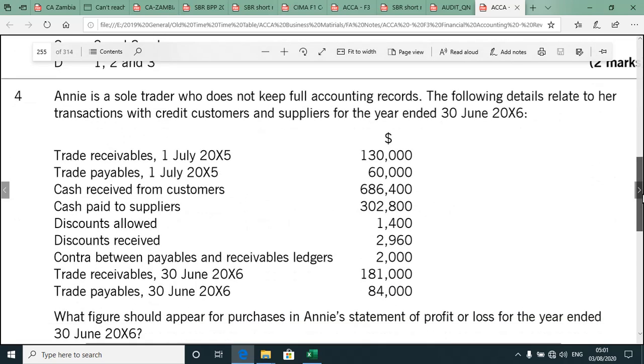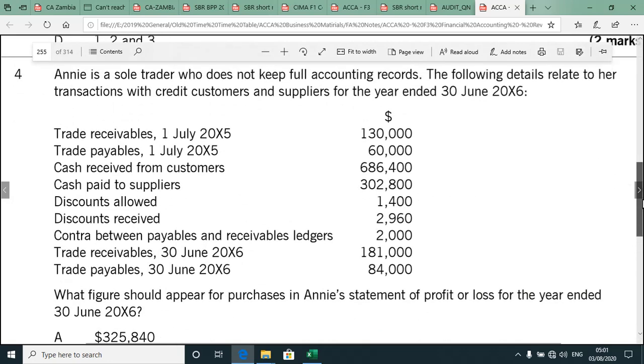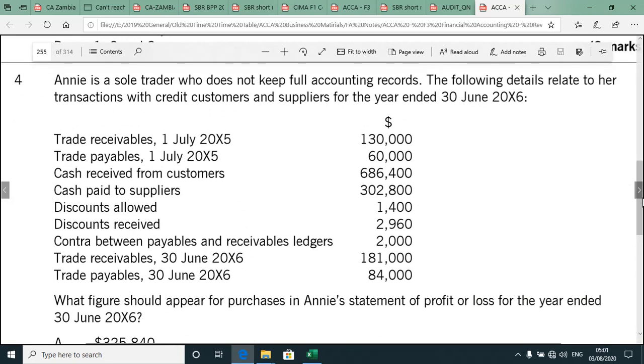Let us go to question 4. It says Anne is a sole trader who does not keep full accounting records. The following details relate to her transactions with credit customers and suppliers for the year ended 30th June X6.